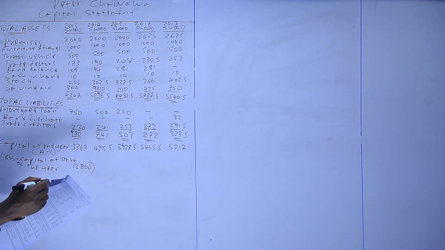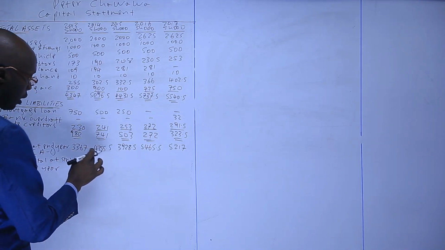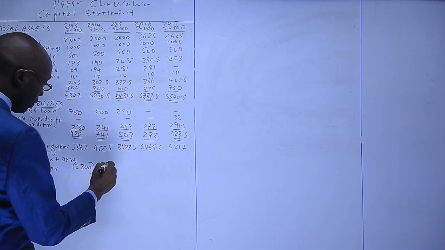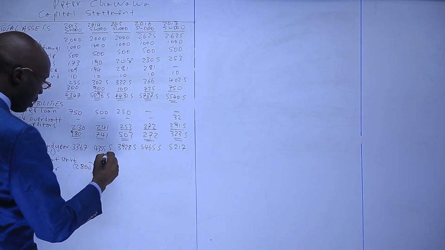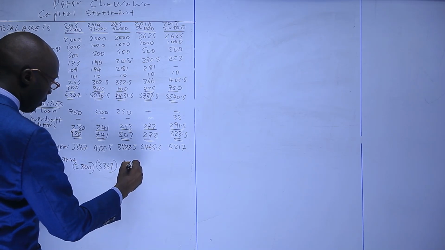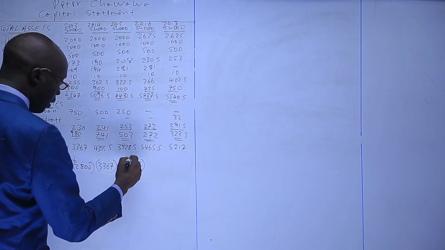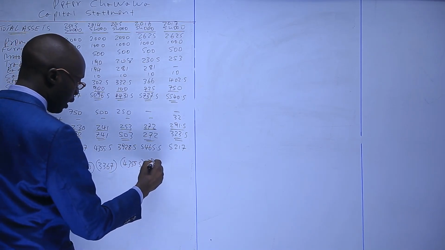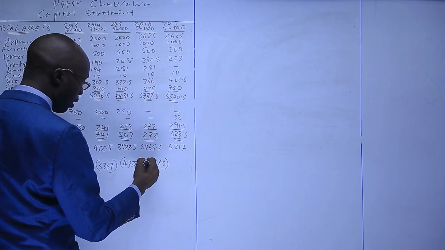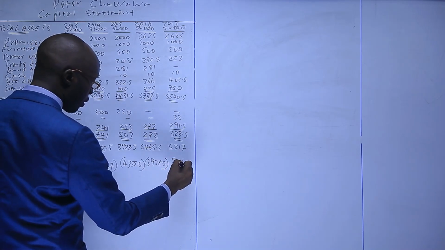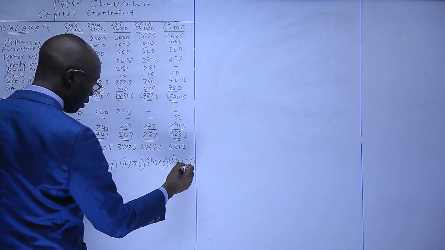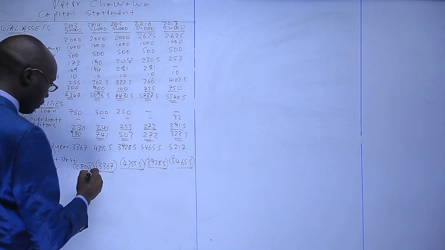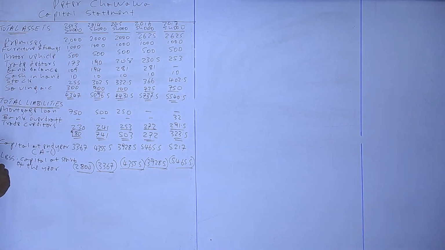The one in additional information number 1. Now for this one it will be 3367. This one will be 4355.5. This one comes here 3928.5 and this one 5465.5. So we'll get the net accounting profit.